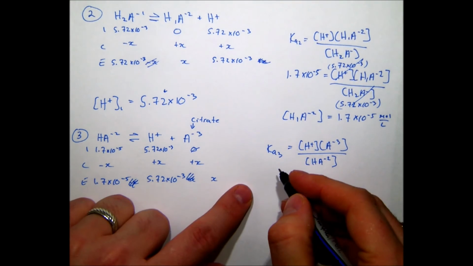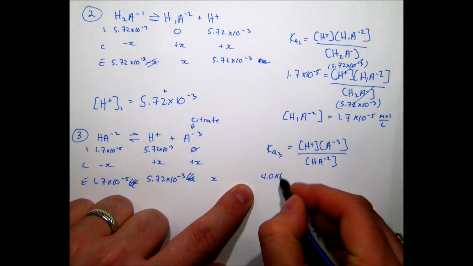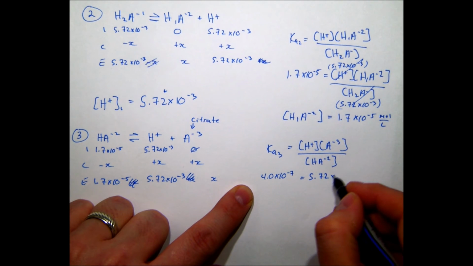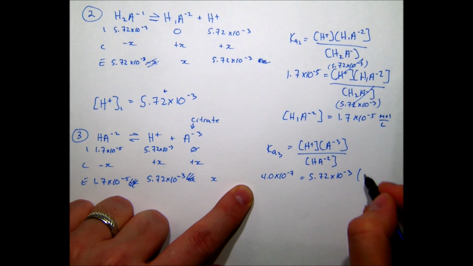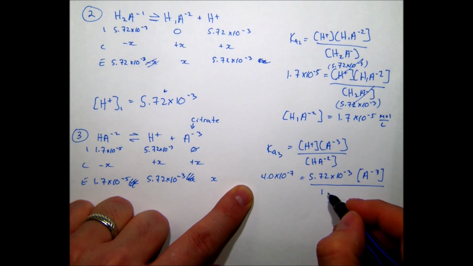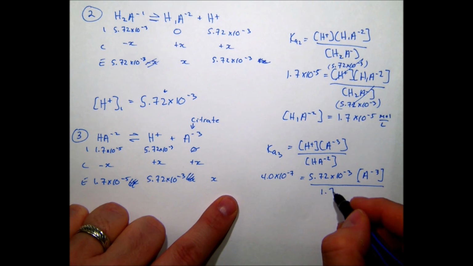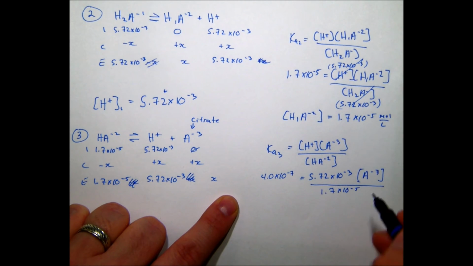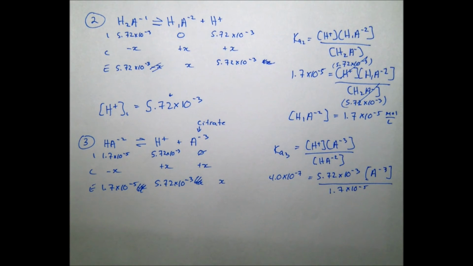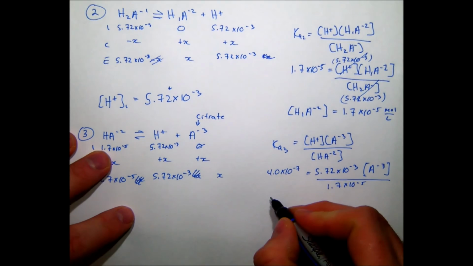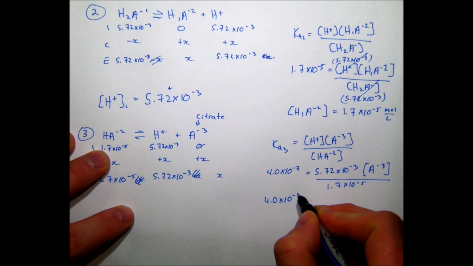So we take Ka3, 4.0 times 10 to the negative 7, and that is equal to 5.72 times 10 to the negative 3 times the concentration of A minus 3, all over 1.7 times 10 to the negative 5. So 4.0 times 10 to the negative 7.